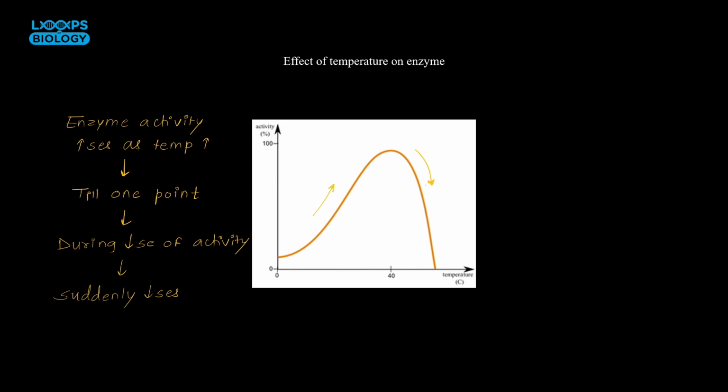So there is a sudden decrease in the enzymatic activity. This sudden decrease is shown beyond a certain temperature. Got it, guys? So let's see why this particular case is happening.